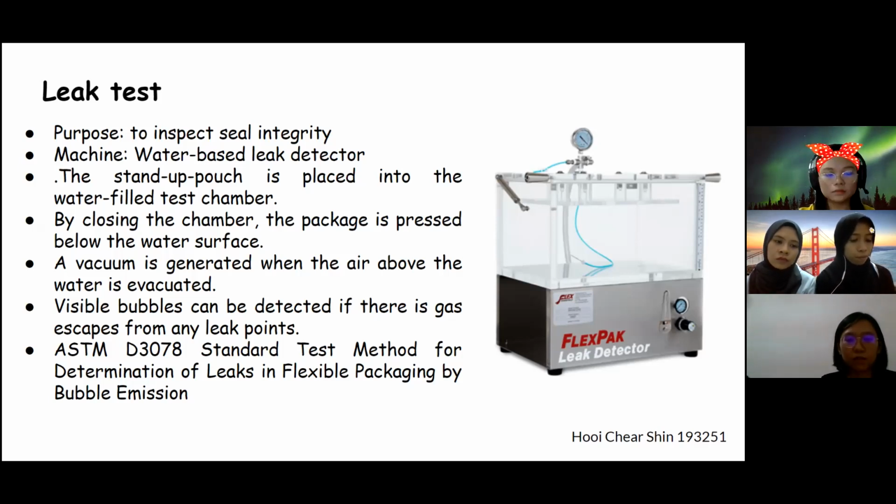Then we observe whether there are any visible bubbles. If there are visible bubbles, it means that the packaging is not sealed properly. This test is conducted based on the standard ASTM D3078. Next.